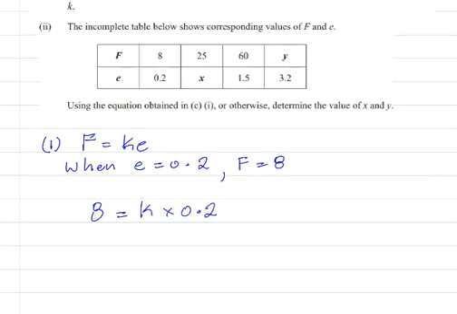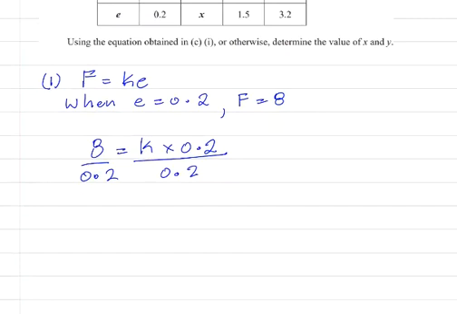All right. So the opposite of multiplication is division. So I'm going to divide both sides by 0.2. So when I do that, I'm going to get k is equal to 40. All right. So I took a corresponding value of x and y to determine the value of the constant k.